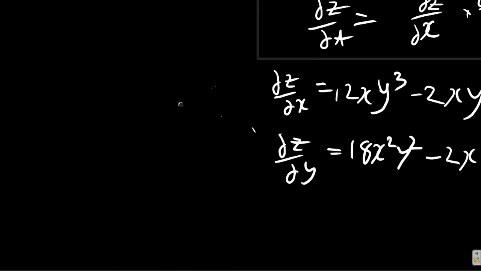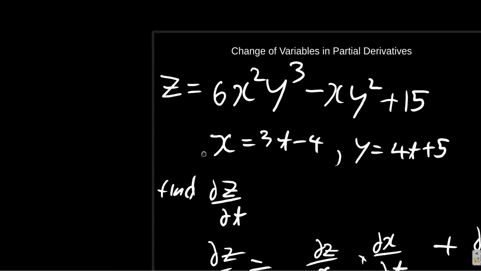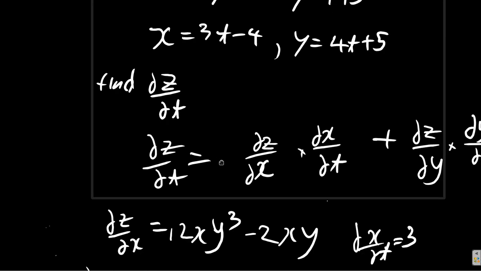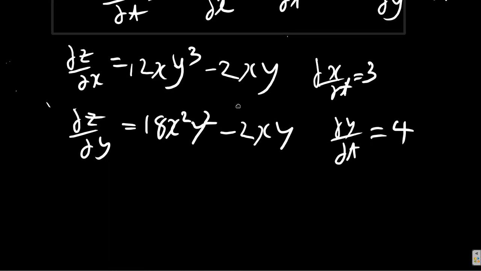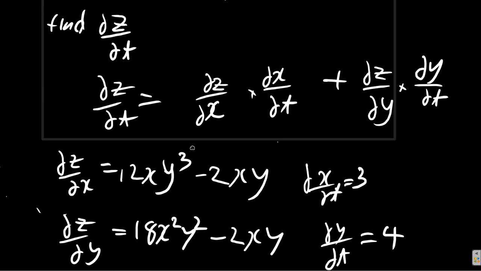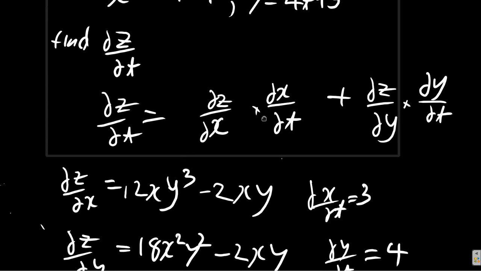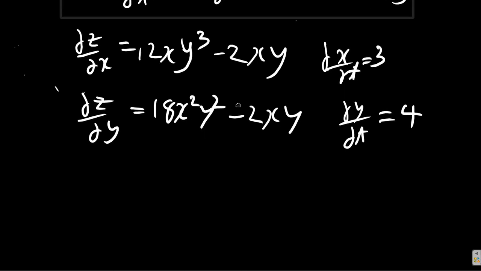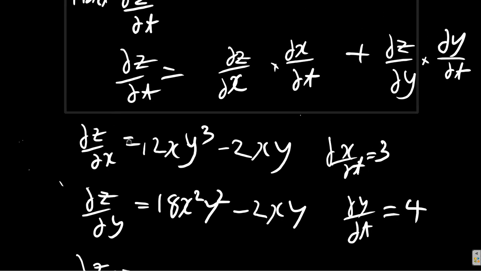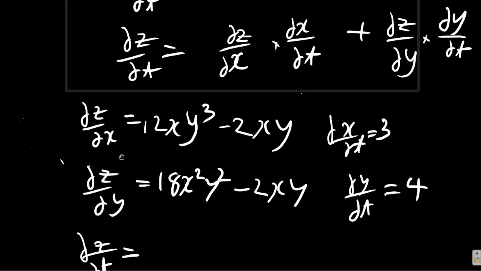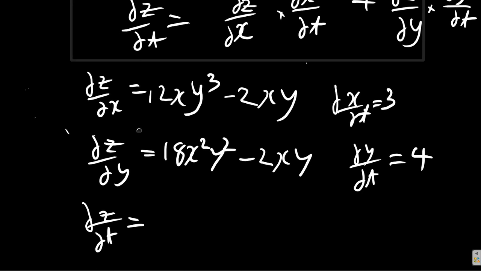Now, here, we can multiply them out. Right? Delta z by delta x times delta x by delta t. So delta z by delta t is equal to, so the formula says delta z by delta x times delta x by delta t.